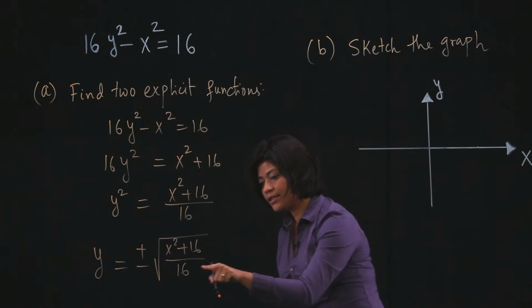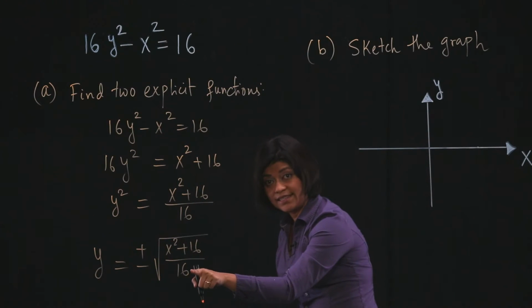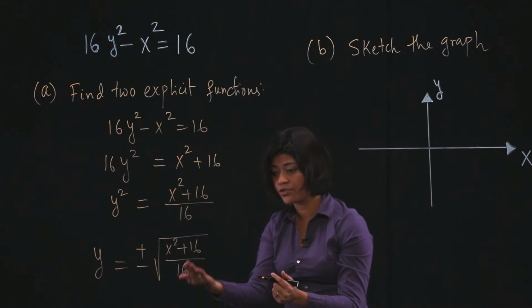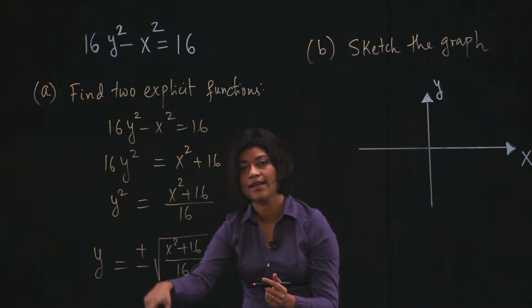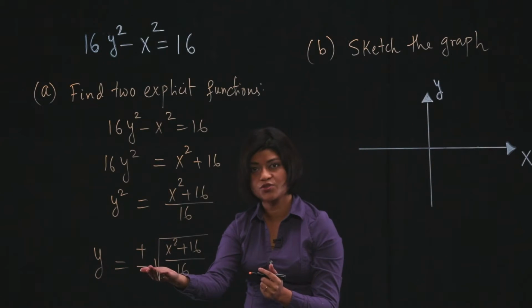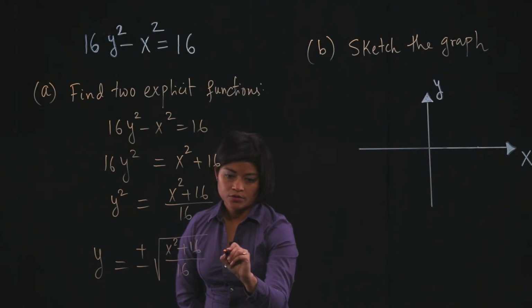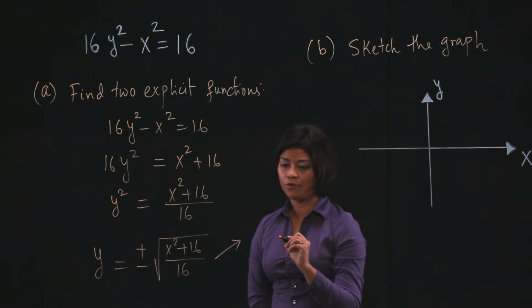Notice that the denominator is 16 and it's 4², so the square root of 16 is 4. If you want, you can pull that constant outside the square root. And so we have our two explicit forms.